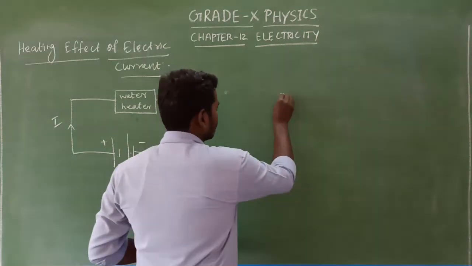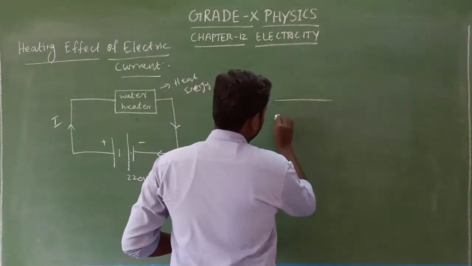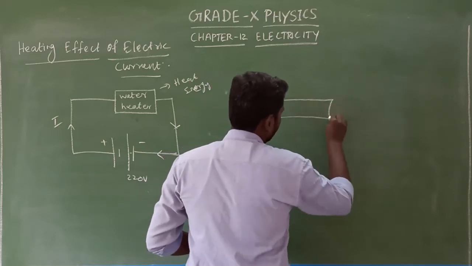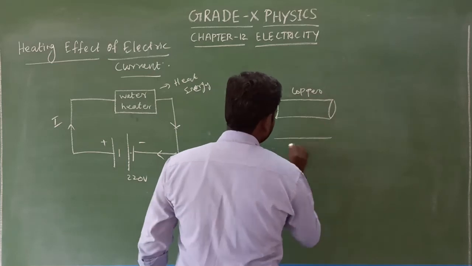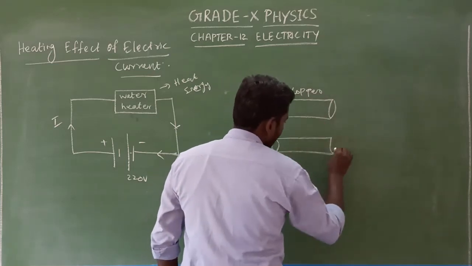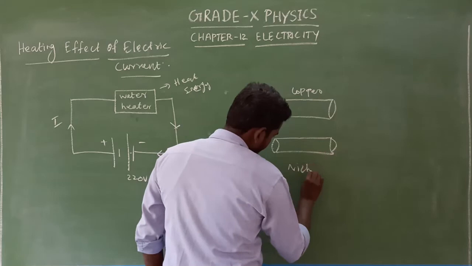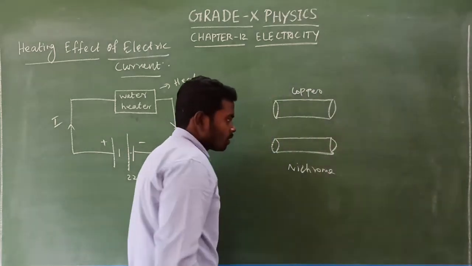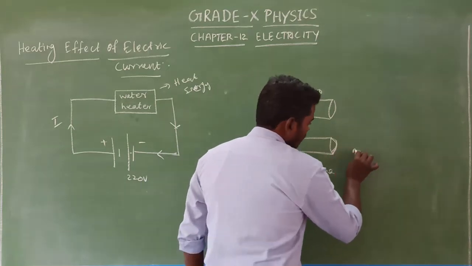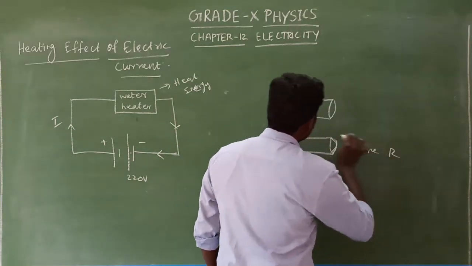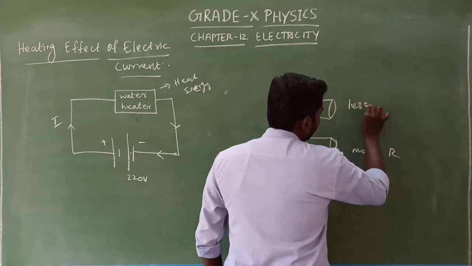Look at here. Consider two wires. This is copper wire and this is nichrome wire. Which wire has more resistance? The nichrome wire has more resistance, whereas copper wire has less resistance.